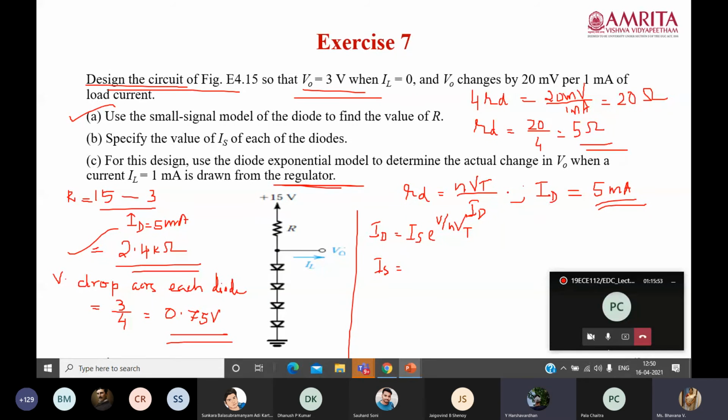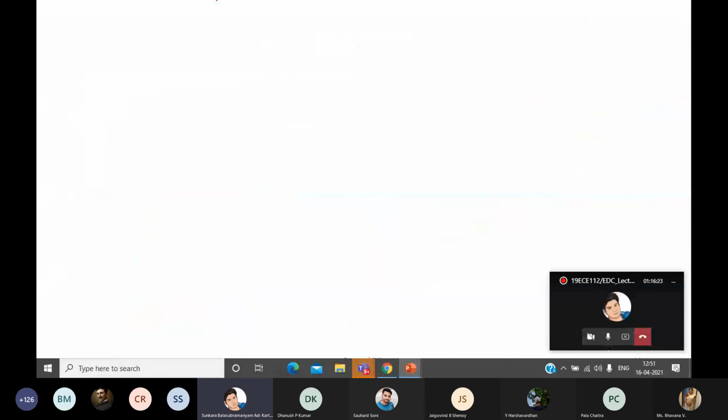Ma'am, V should be taken as 0.75, right? Yeah, this one. Calculate how much you are getting. Ma'am, is it 3.8 into 10 power minus 55?